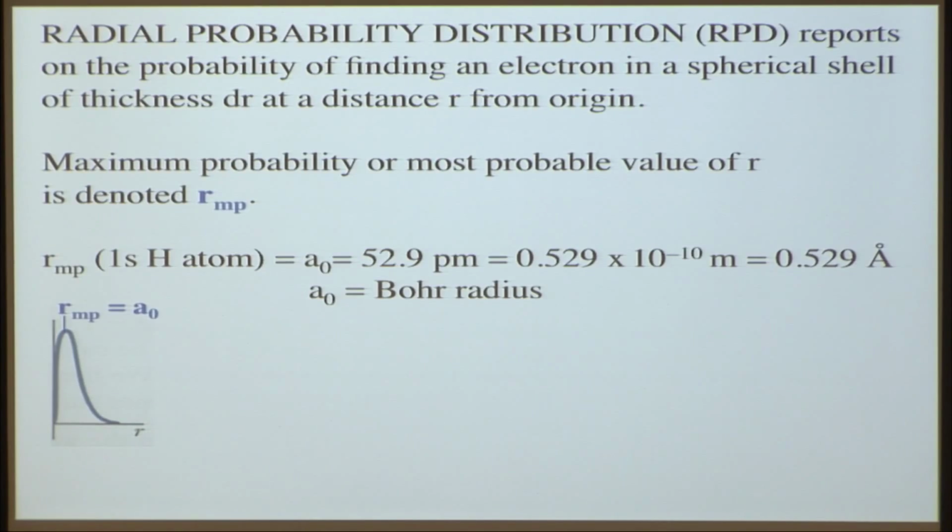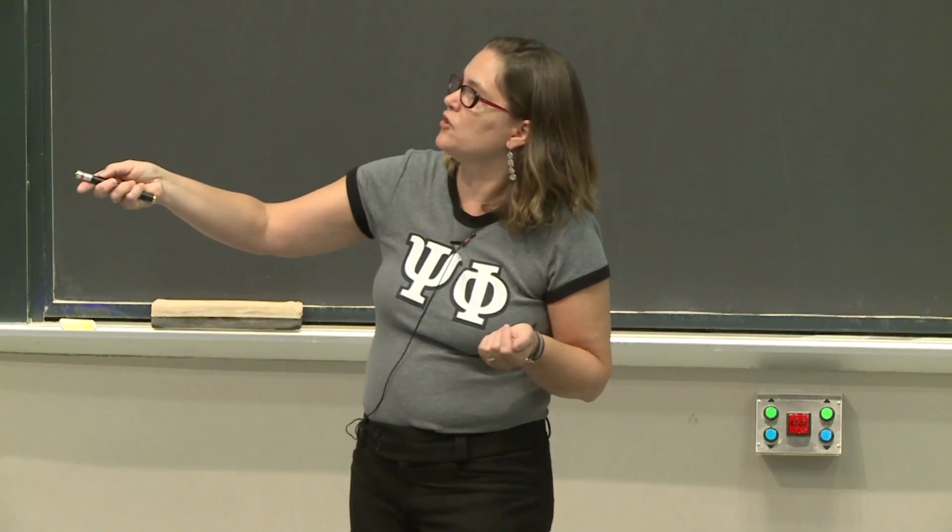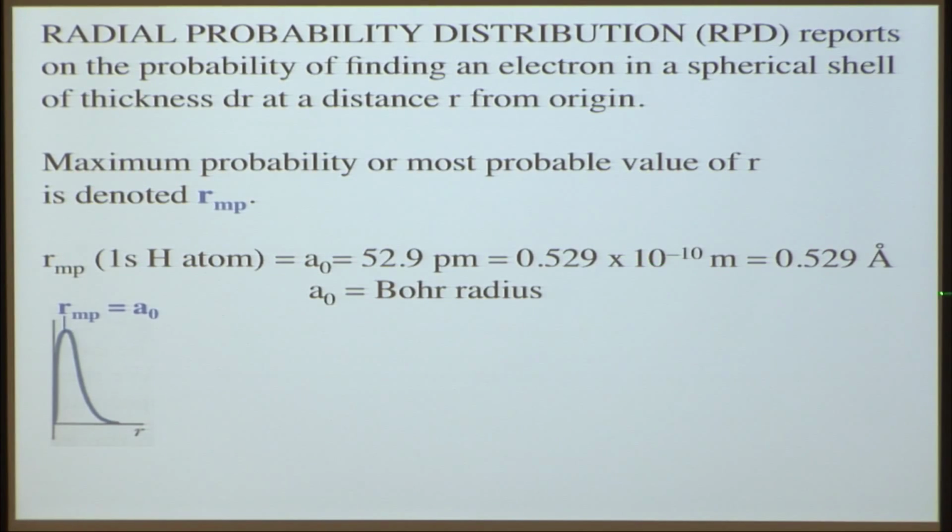And for a hydrogen atom, this is a0, the Bohr radius, and you can see it expressed in different units over here. And from the plot, that will be the top part of the plot, the most probable distance. In this case, that's the Bohr radius for the hydrogen atom.